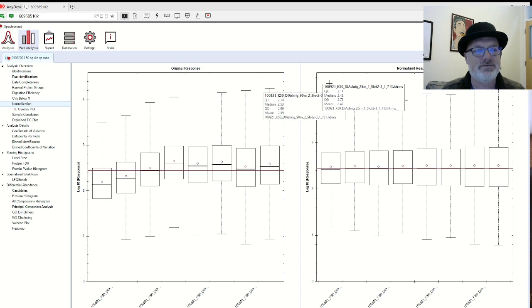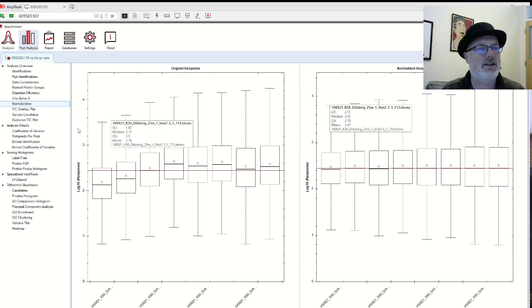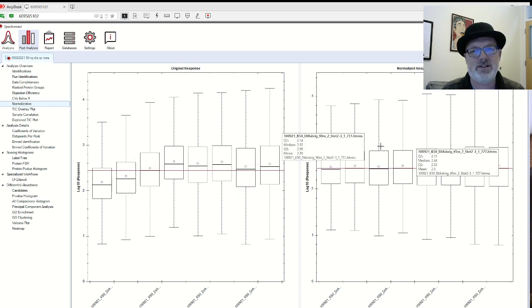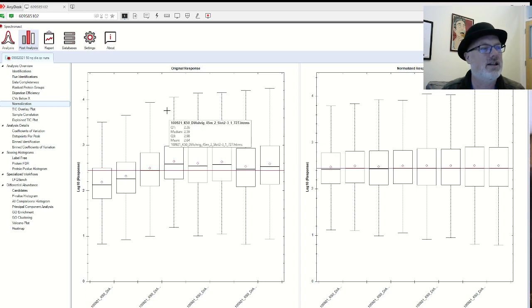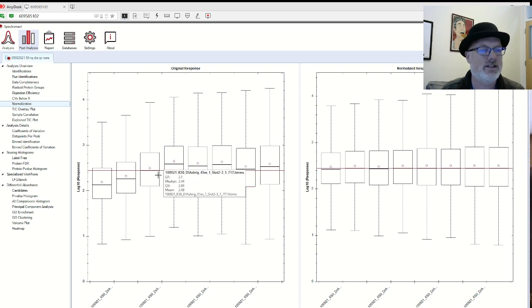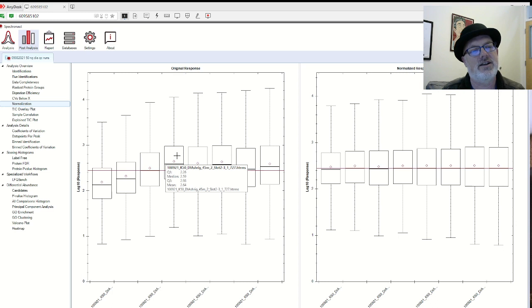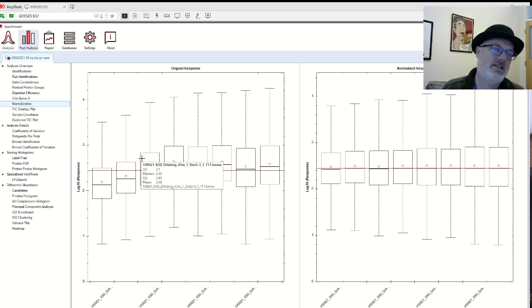Normalization. So this is the original signal of your samples, and this is how they are normalized. From this, you wouldn't entirely see there was something wrong with that 45-minute run, but there definitely was, because one run identified way less than the other, even though the signals look similar.